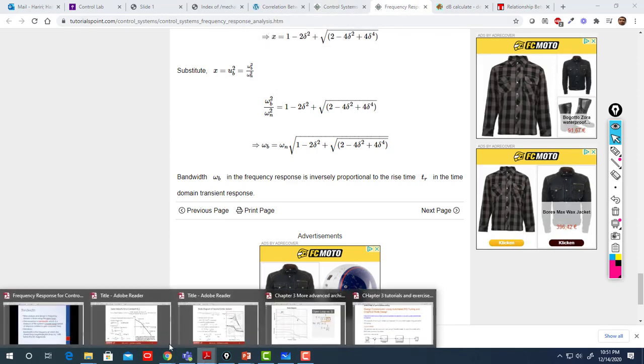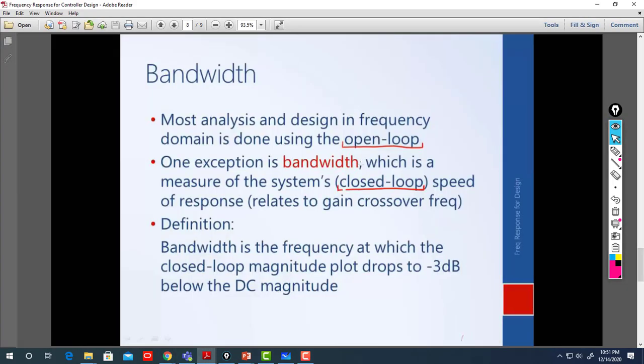Alright, so now we know what bandwidth is and how it is related to the gain crossover frequency. What's the gain crossover frequency? It is the frequency where you have 0 decibel. It's related to omega n, we saw the relation in the web link, and that's how it's defined.